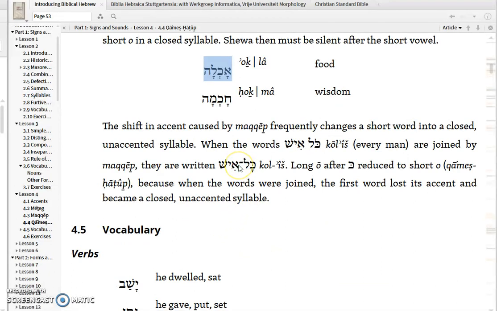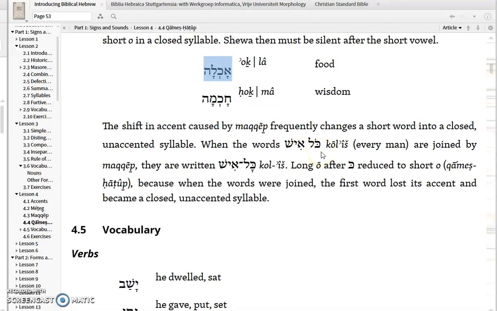Now, a shift in accent may cause a long O to become a short O. So the expression every man can be pronounced two different ways. You can do it without the Maqqef, or you can do it with the Maqqef. The word for all is kol. The word for man is ish.